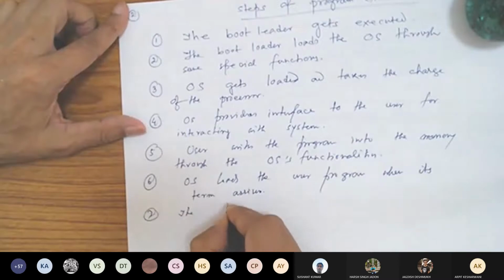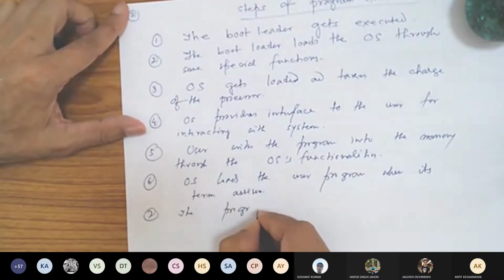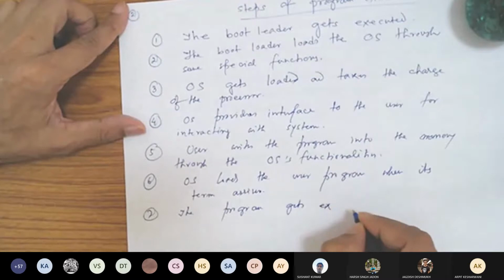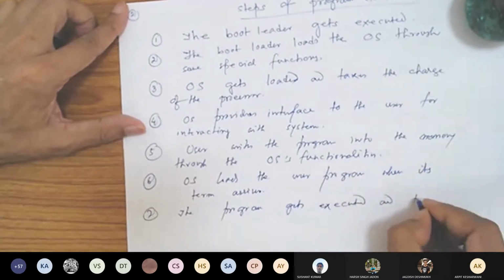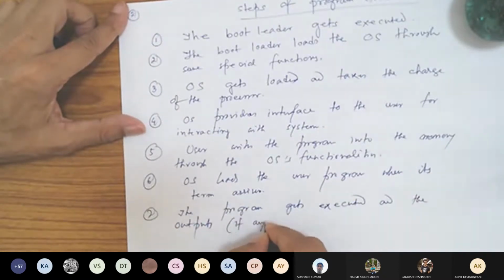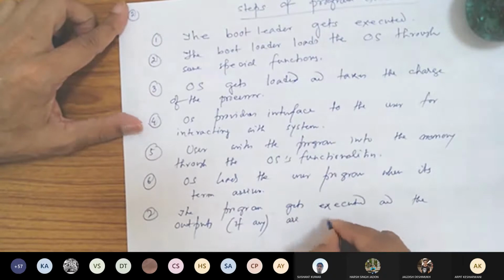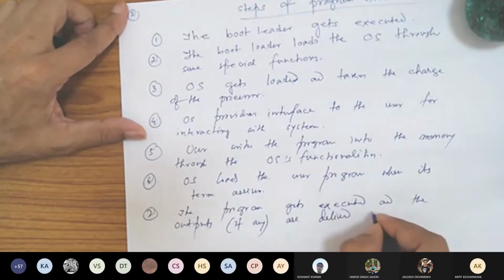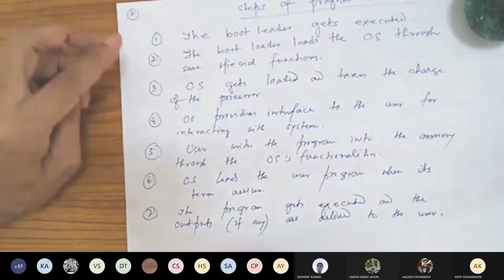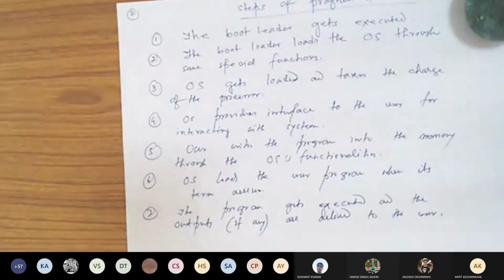The program gets executed and the outputs, if any, are delivered to the user. These are the steps.